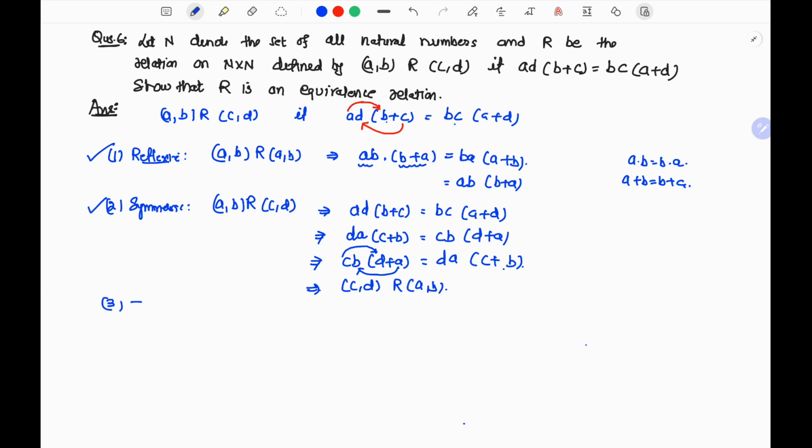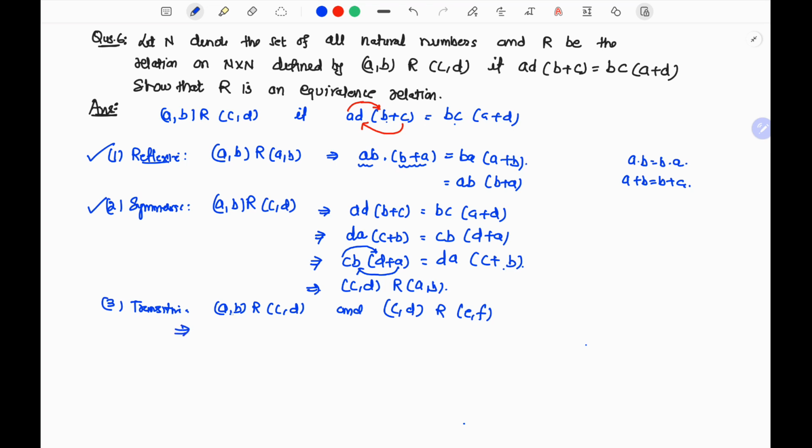Third, we will show that the relation is transitive. For a transitive relation, element AB is related with, say, CD, and element CD is related with element EF. Then we have to show that element AB is related with EF.